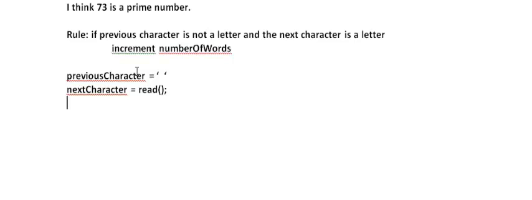And we process this until we hit the character period. While next character is not equal to a period, we should loop, and at the very end we should print number of words.